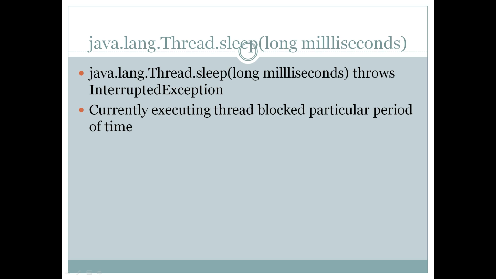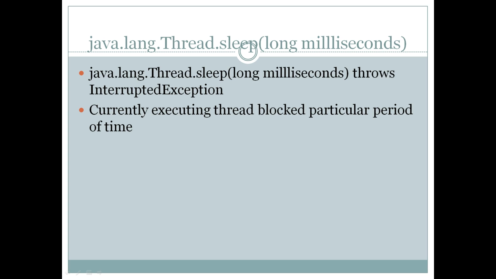Directly we can use Thread.sleep, from the Thread class in the java.lang package. The syntax is java.lang.Thread.sleep. You need to provide how much time the thread will stay in the waiting pool, in terms of milliseconds. That parameter is a long.